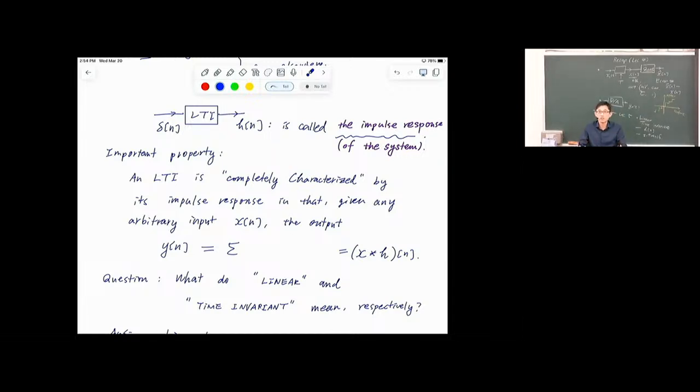The system's behavior is completely understood. That's why we say this system is completely characterized, 刻画, 被刻画啊, by h of n. In that, we know exactly how to calculate the output. And the output turns out to be a convolution of our input with the impulse response. In that sense, we completely characterize the system.